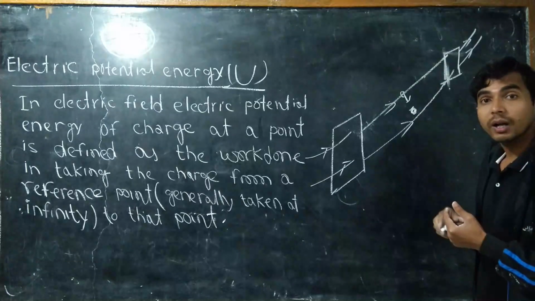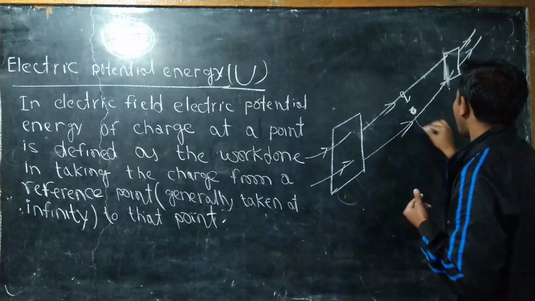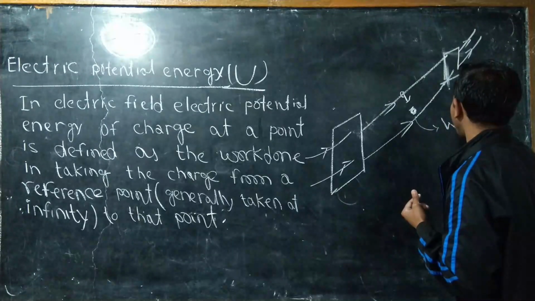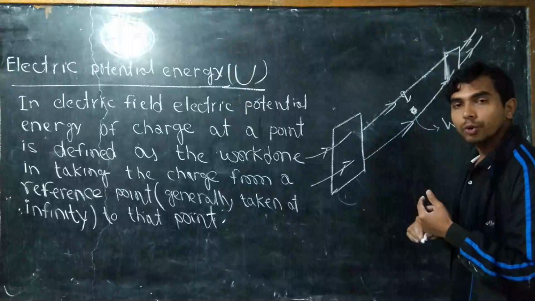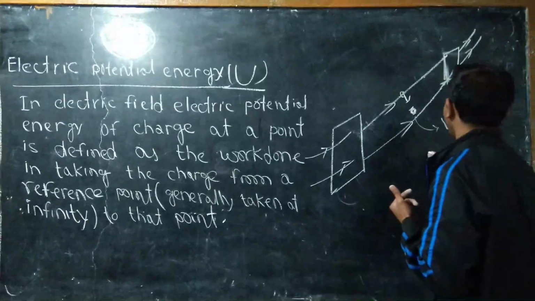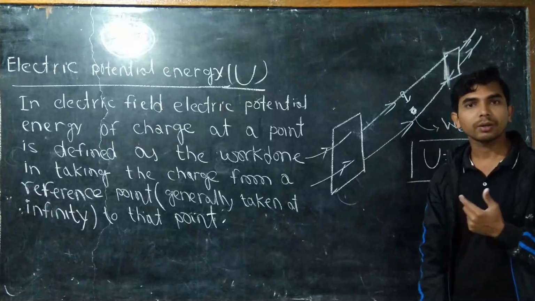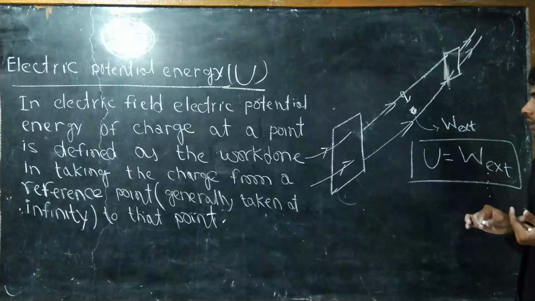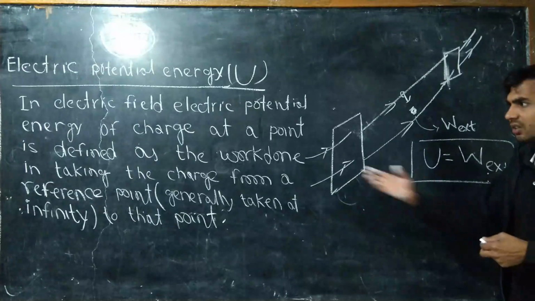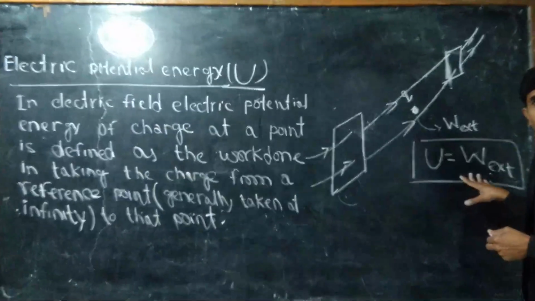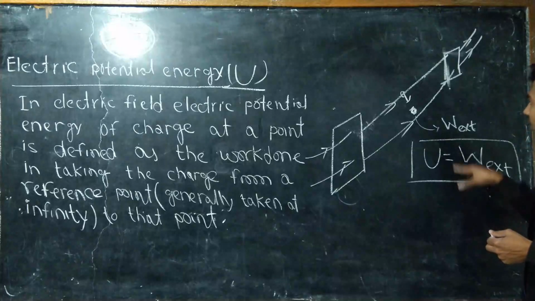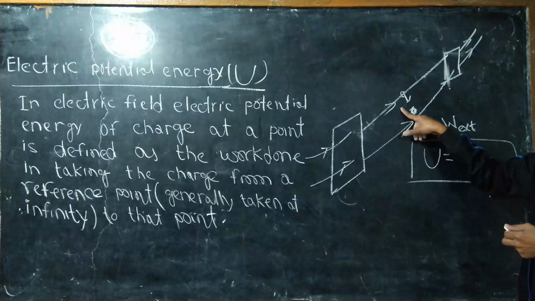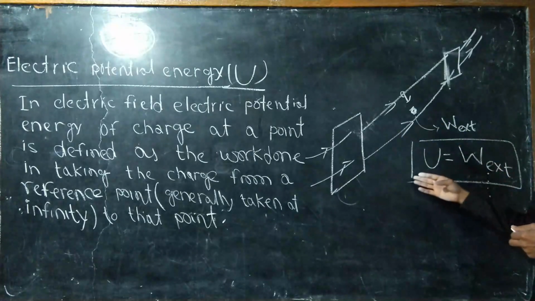In bringing it, how much work am I doing? W external. W external will be your potential energy, because this amount of work is required in bringing charge q to this point, and that work done is equal to your potential energy.